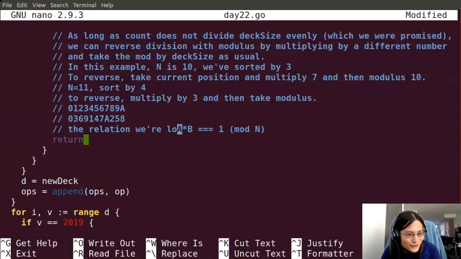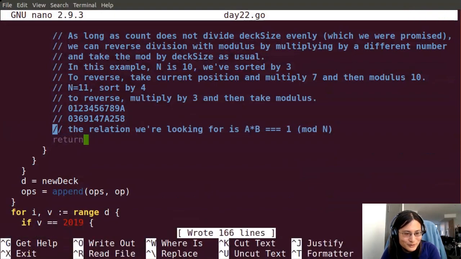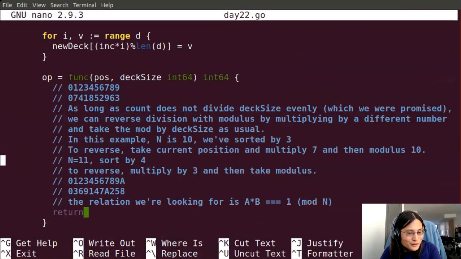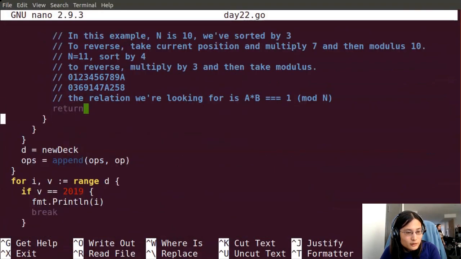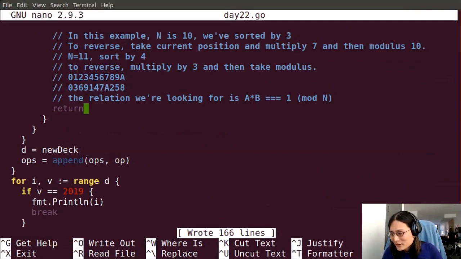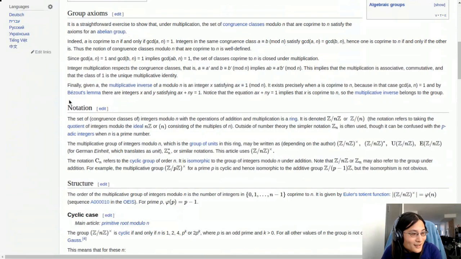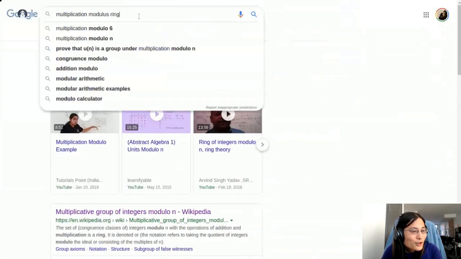The function we're looking for is a times b equals 1. So if we know that a times b is congruent to 1 mod n, there's a trick involving the Euclidean algorithm, I believe, to get this congruence.